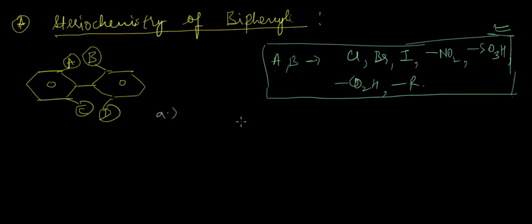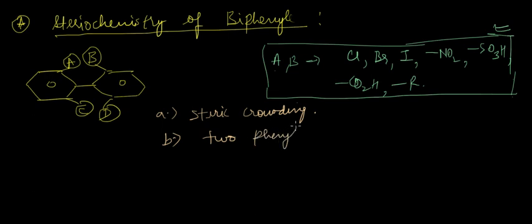A, there is steric crowding or steric hindrance in the compound, because of which the two phenyl rings will come perpendicular to each other. B, the two phenyl rings are perpendicular to each other in this case, and C, it is an optically active compound.